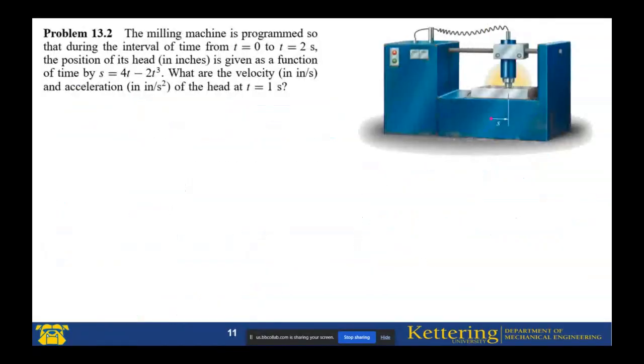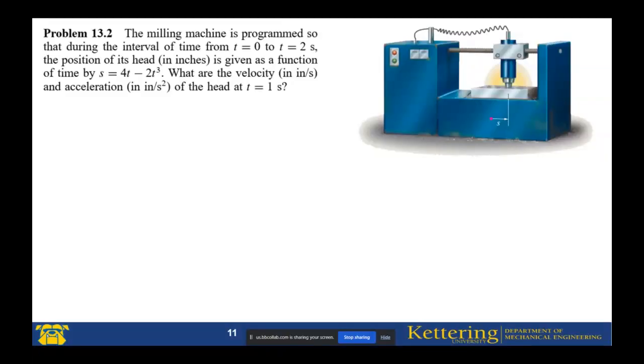Problem. This machine is programmed so that during the time interval from 0 to 2 seconds, the position of the head, that is this head, is measured from this point. It's a function of the time: s is 4t minus 2t cubed.